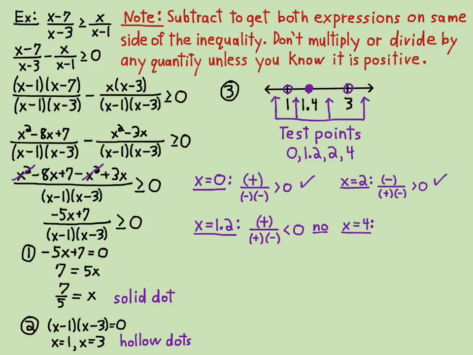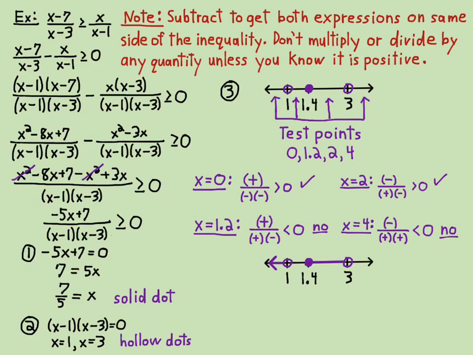And I tried x equals 4, and that's a no. Now, these are alternating signs. They don't always alternate signs, so don't assume they do. You have to check all 4 of them. So I shade in the regions that worked, like that, and then I write that out in interval notation, always reading left to right.